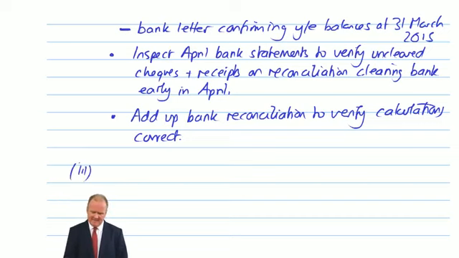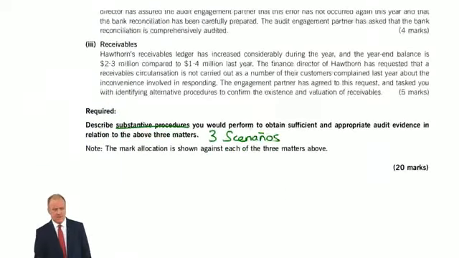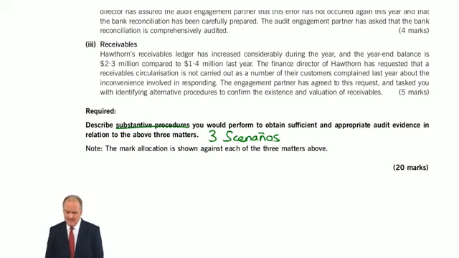And finally, to finish this baby off, receivables. Hawthorne's receivables ledger has increased considerably during the year, and the year-end balance is 2.3 million compared to 1.4 million last year. Finance Director has requested a receivables circularisation is not carried out, as a number of their customers complained last year about the inconvenience.